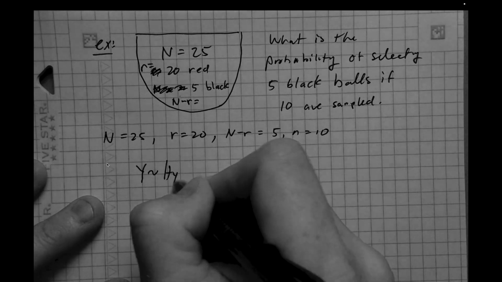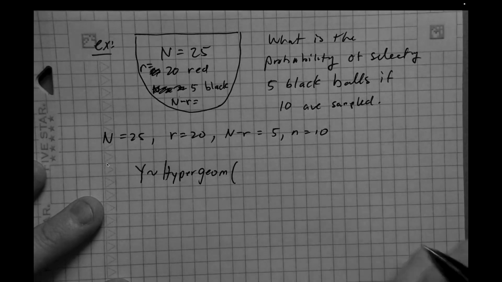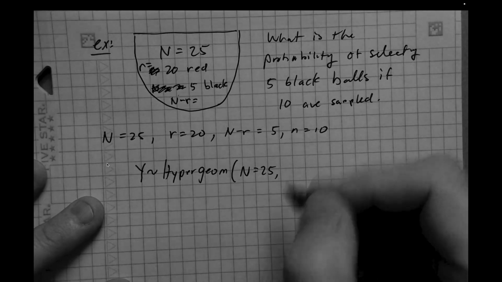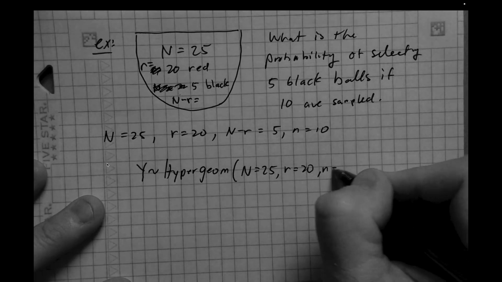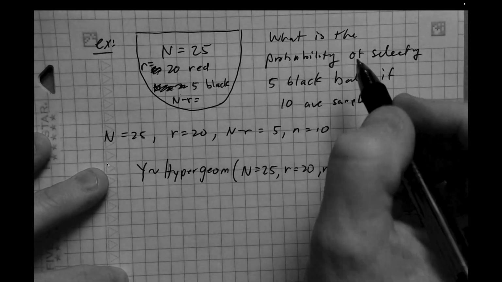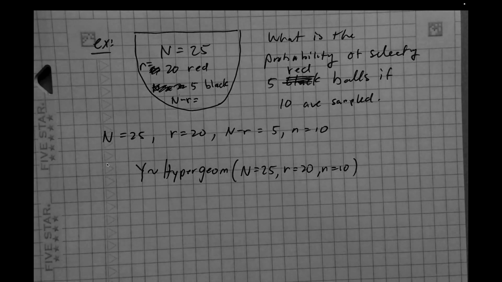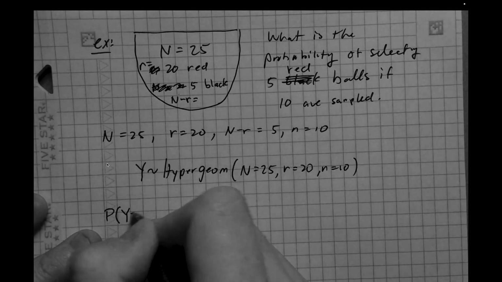The parameters are the total population size, the number of successes in the population, and the size of the sample. And I do have this backwards, I apologize. I want the probability of selecting 5 red balls if 10 are sampled. So what is the probability of Y equaling 5?